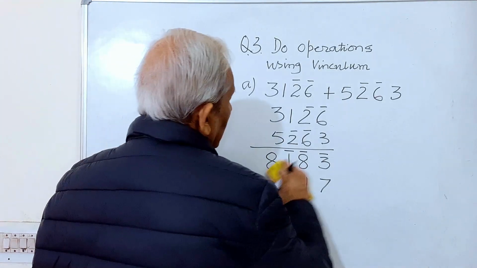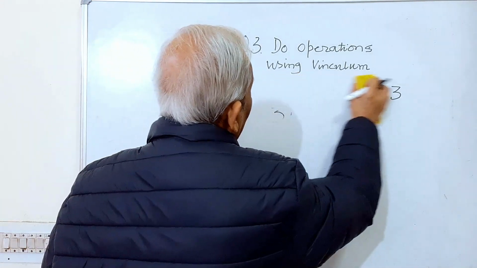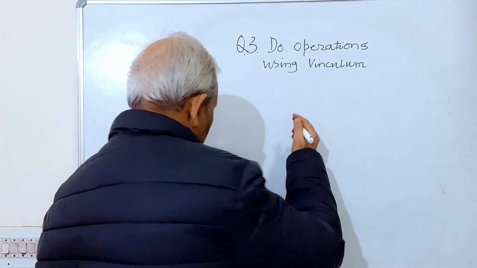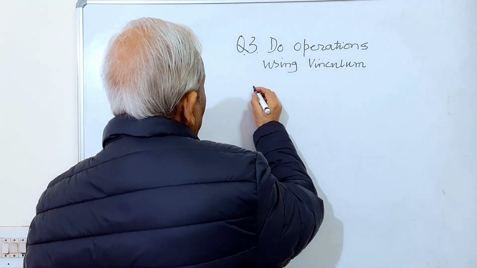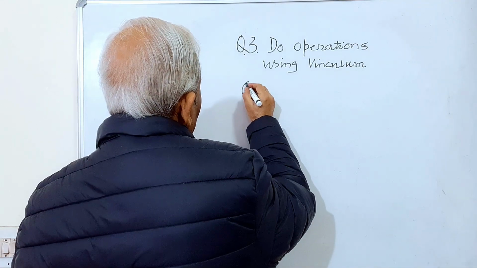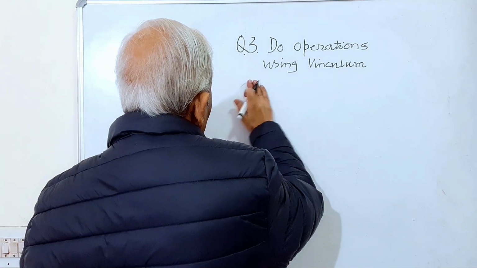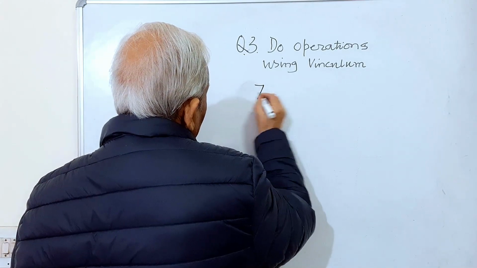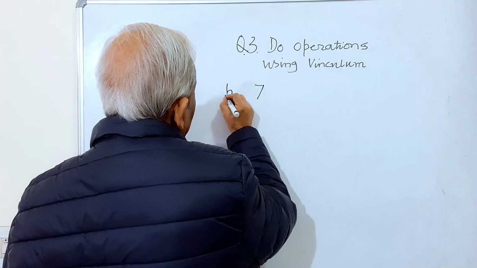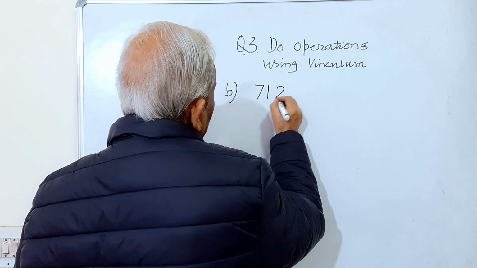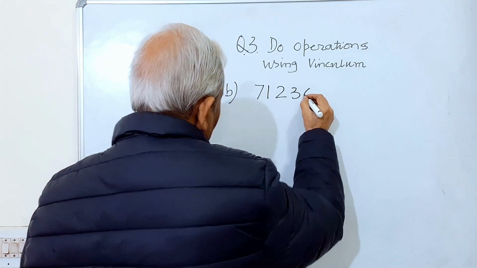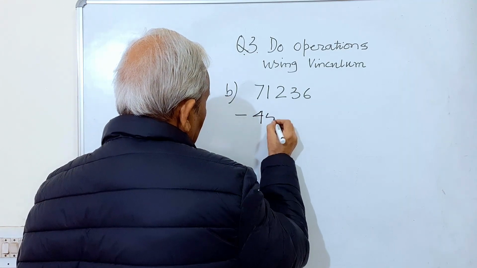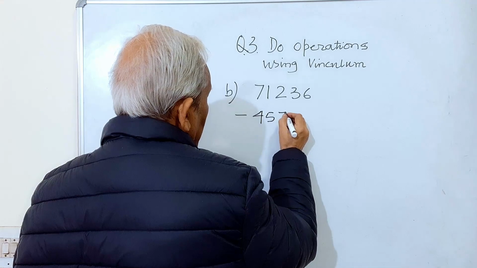Now let us do the next sum. The sum is a subtraction, this is B: 7 1 2 3 6 minus 4 5 7 2 8.